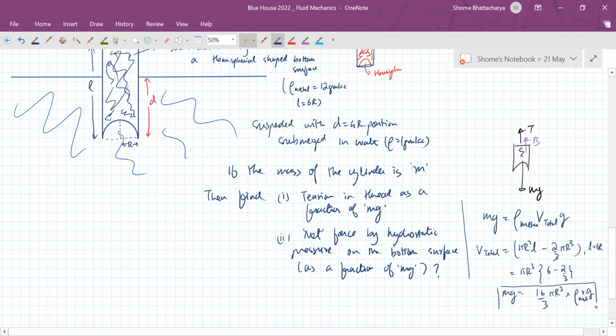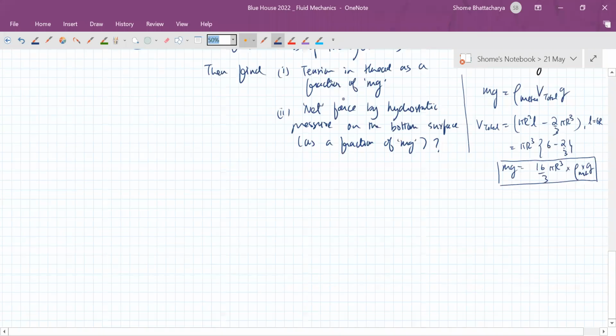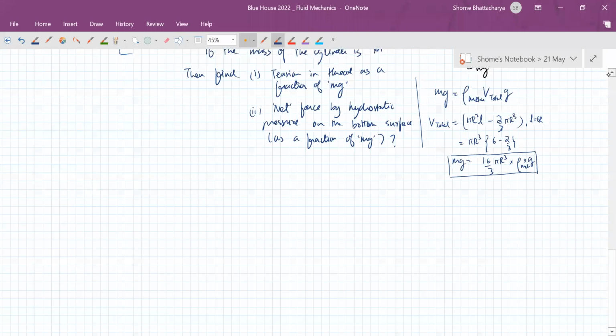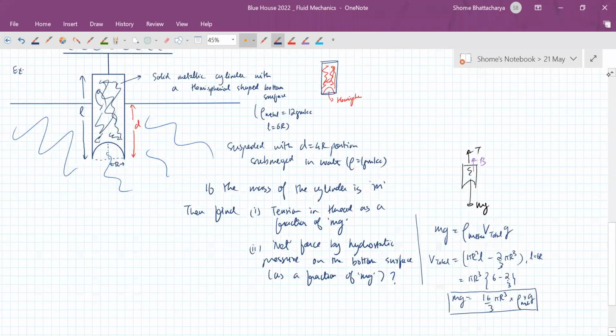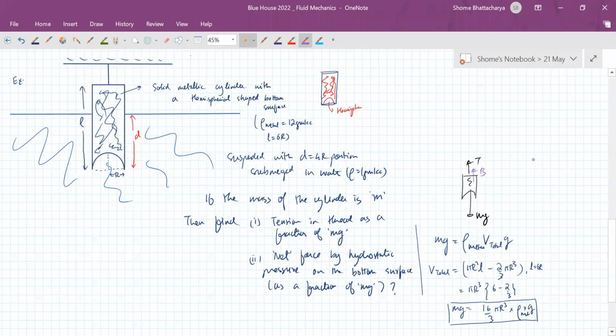So this is the weight. Now likewise, you calculate the buoyant force also, and then pick up the balancing equation. It should be fairly easy from this point.